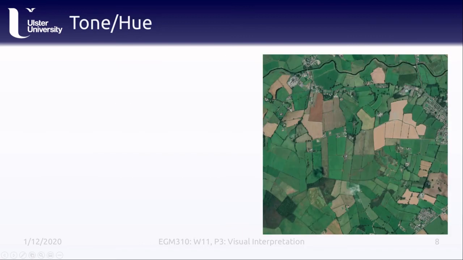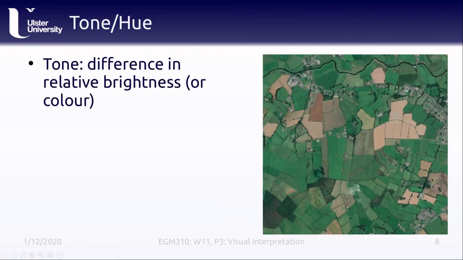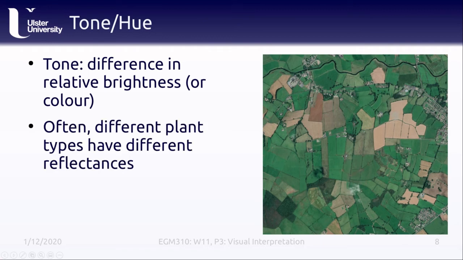As I've alluded to so far, we can also use the tone or the hue and color to differentiate objects. We've discussed how different plant types have different reflectances. For example, we can see that the trees in the image, down here for example, or up here, in addition to differences in texture, these also have different colors.